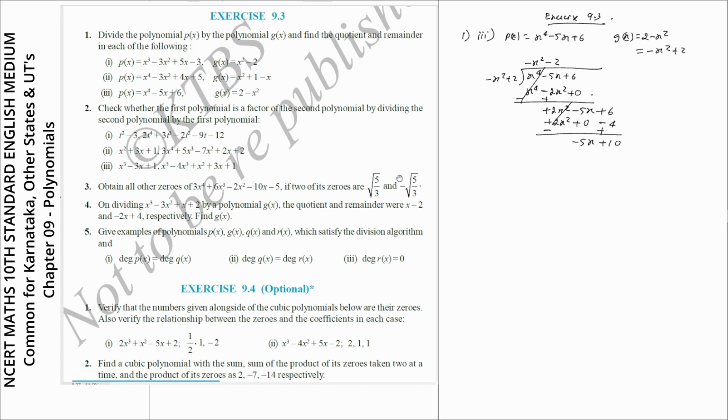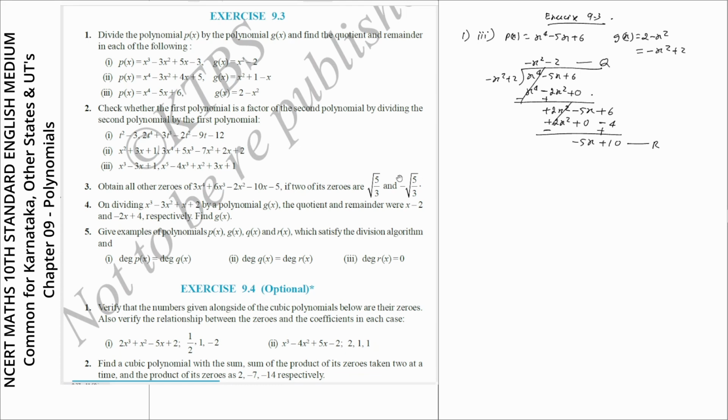Now you can see the degree of the remainder. The degree of the remainder is lesser than the degree of the divisor. So at this point I'll stop the division. This is the quotient. As long as the degree of the remainder is higher than the degree of the divisor, I can continue division.